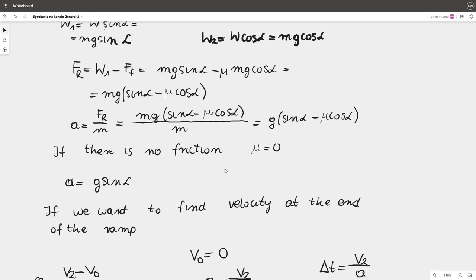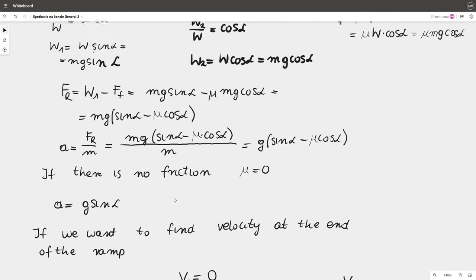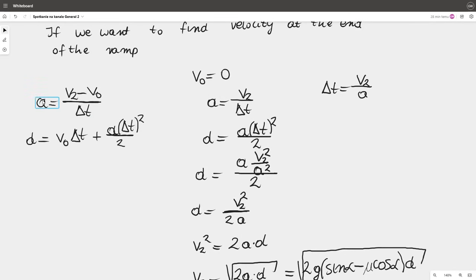To find final speed, we have to write equations for acceleration and distance in uniformly accelerated motion. It's here and here. Initial velocity is equal 0, so these equations change form to this and this.